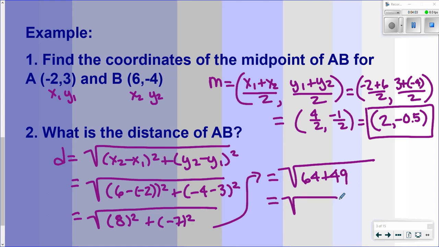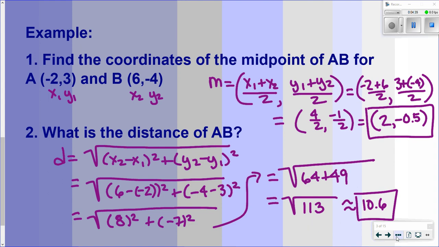And then 64 and 49 will give you 113. Since I think 113 is a prime number, unless I ask you to give me a certain number, you could leave it as that as a distance, or let's put it into a number. So it'd be 10.63, I'll just put 10.6. So that's the distance, an approximation based on this.